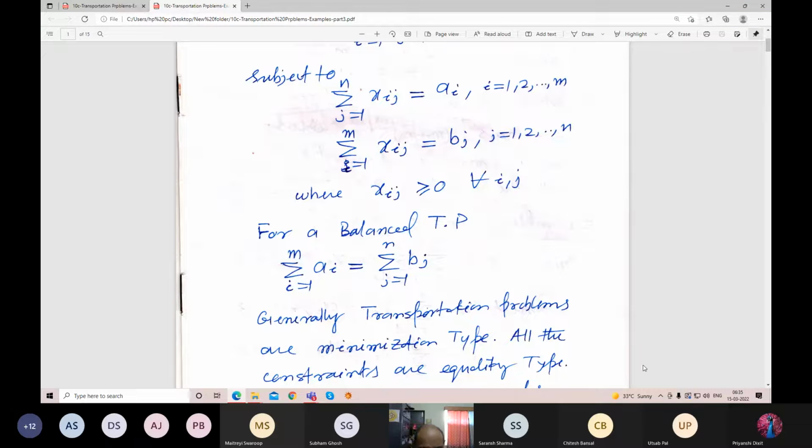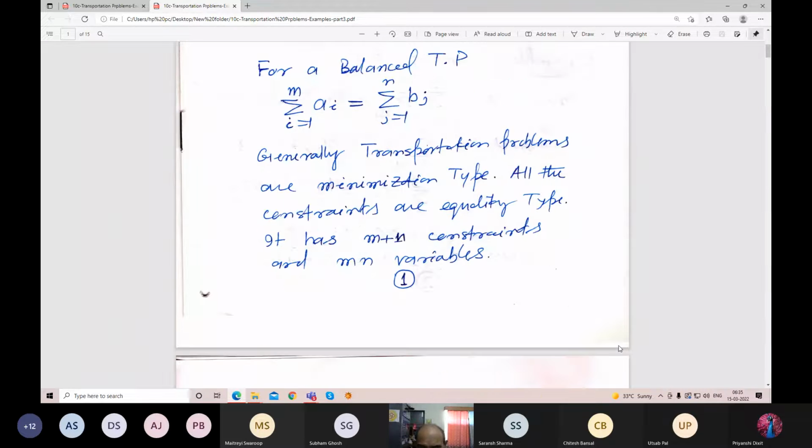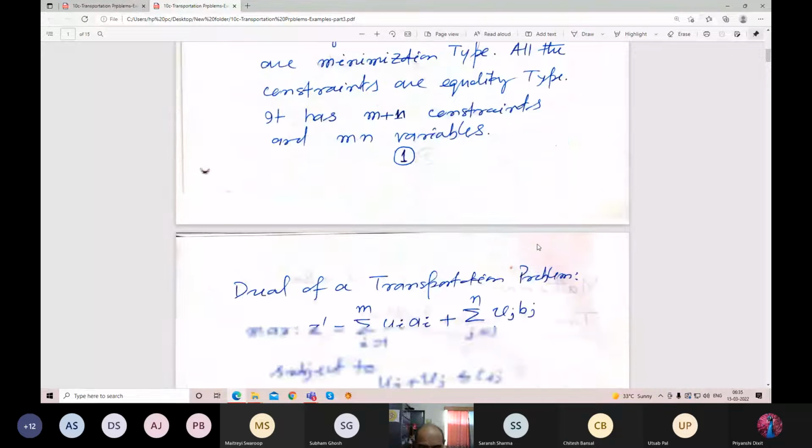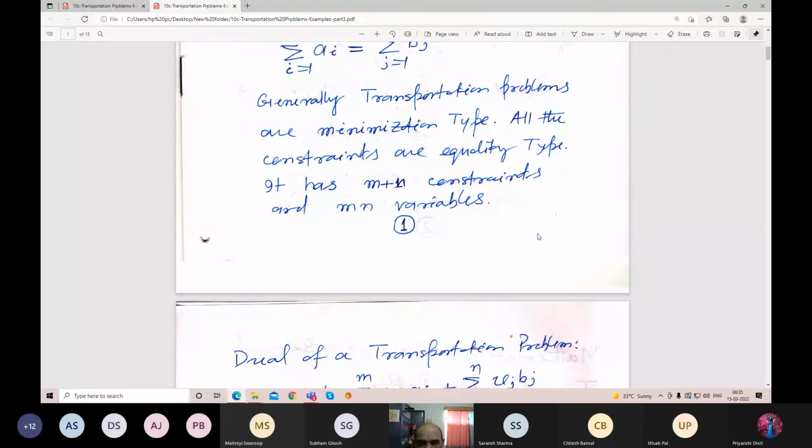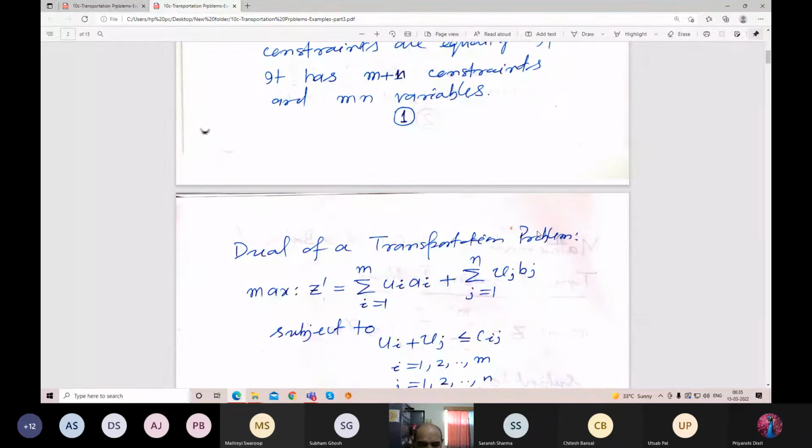Generally, as I mentioned, the problems are always minimization type, not maximization type, and all the constraints are equality type. It has m plus n number of constraints and m into n number of variables. With respect to the present problem, if you are finding the dual problem, the dual is a maximization type problem.